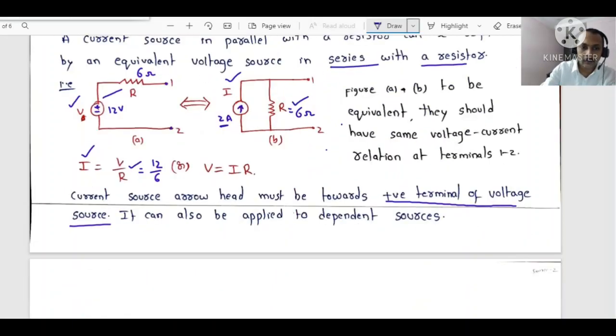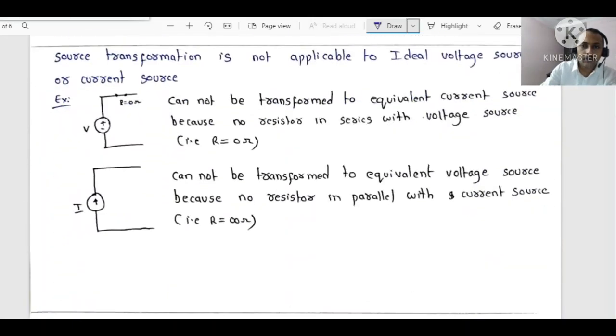Now, for example, if there is an ideal voltage source, what does it mean? It does not have any internal resistance, so its resistance is equal to 0 ohms. Then I can't say that it can be transformed into a current source like this. No, it cannot be transformed. Why? Because there is no resistor in series with the voltage source.